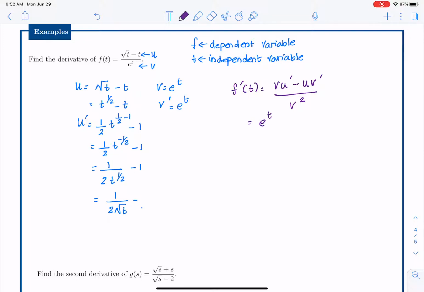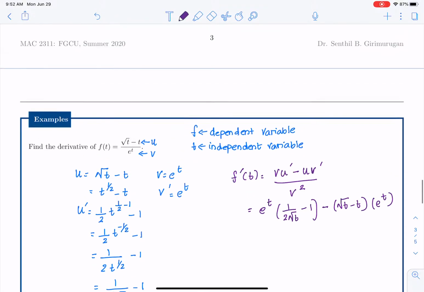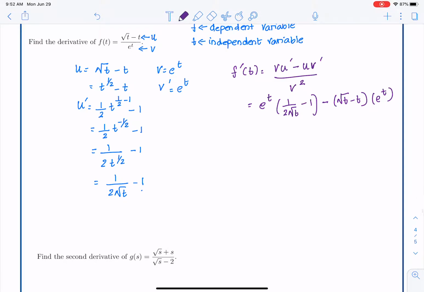U prime is 1 over 2 times square root of t, minus 1, minus u, which is square root of t minus t. V prime is e raised to t. We divide it by e raised to t, squared.